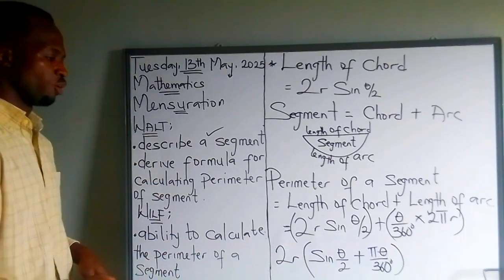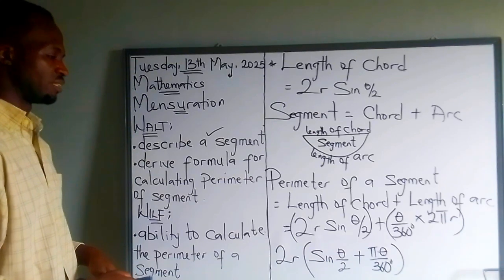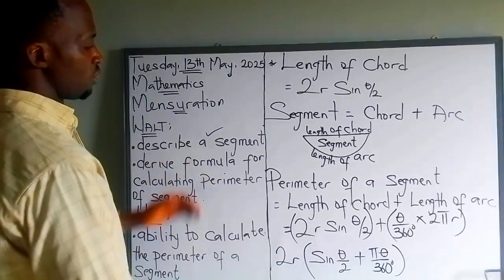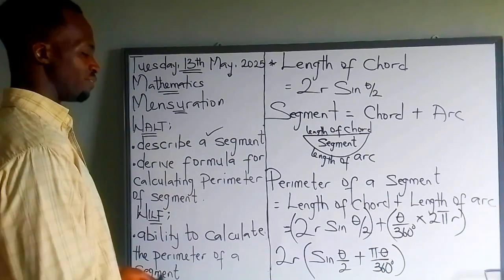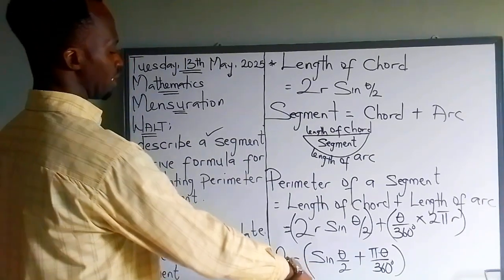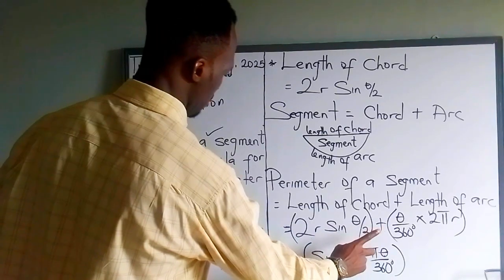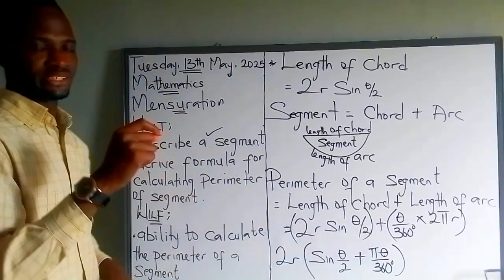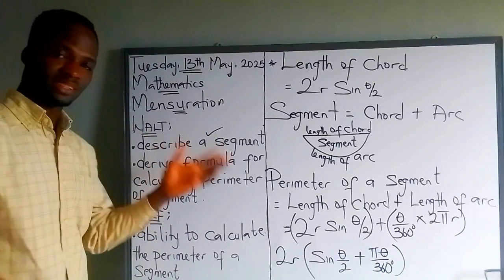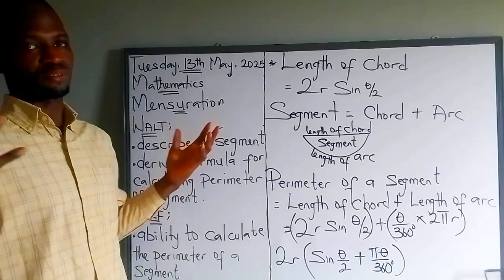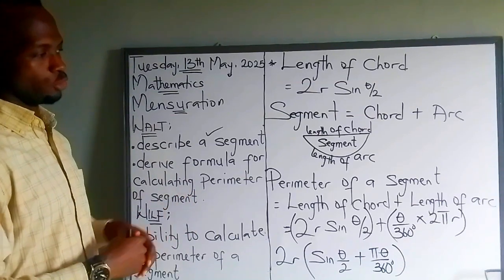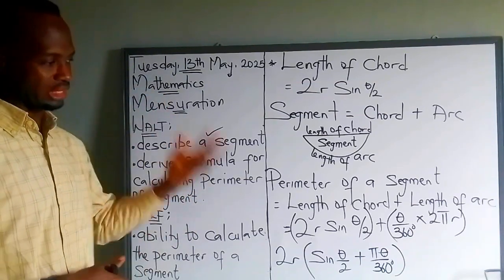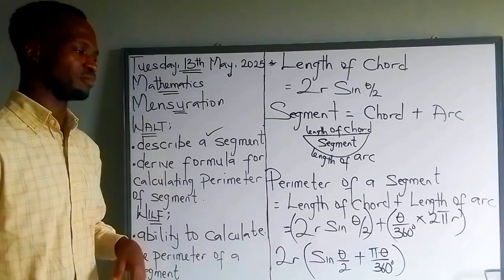Therefore, the perimeter of a segment is given as 2r into sine theta over 2 plus pi theta over 360 degrees. That's the formula, and you don't actually have to cram it. You can derive it by yourself and use it.